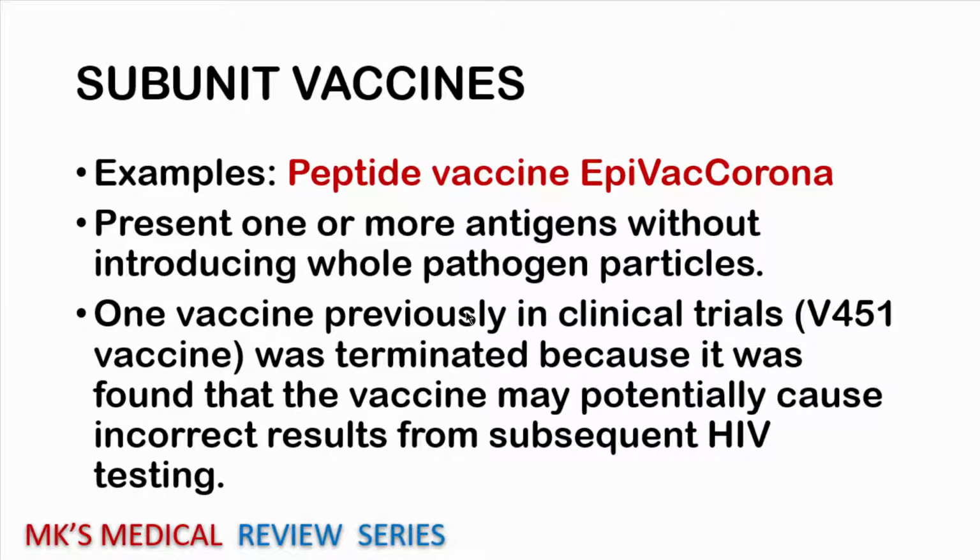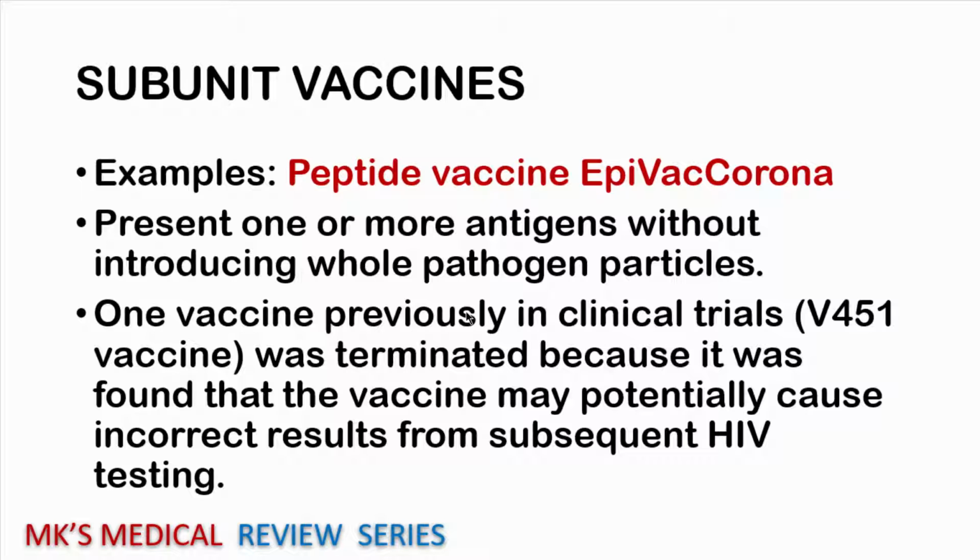Then you have the subunit vaccines, which are, for example, the peptide vaccine EpiVacCorona. This contains one or more antigens that are introduced into the body without introducing the actual pathogen. So here you're getting parts of the coronavirus.